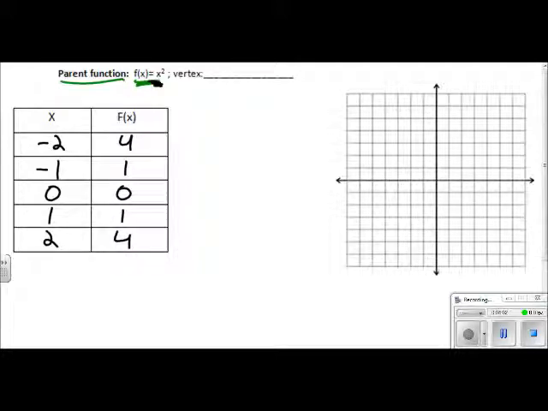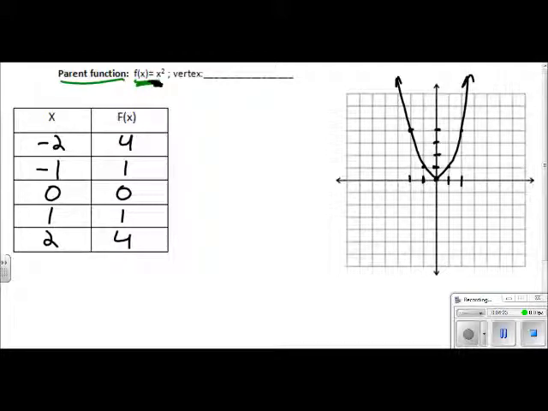So we can plot points like this. So we'd say -2, 4. -1 goes with 1. 0, 0. 1, 1, and 2, 4. So looks like our parabola stemming off like that.